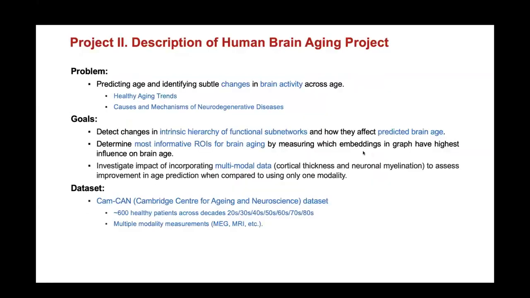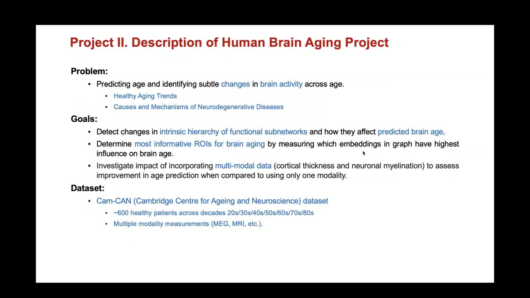The second project we want to talk about is a very recent work on the human brain aging trajectory in 600 healthy participants across seven age decades, from 18 to 89 years old.